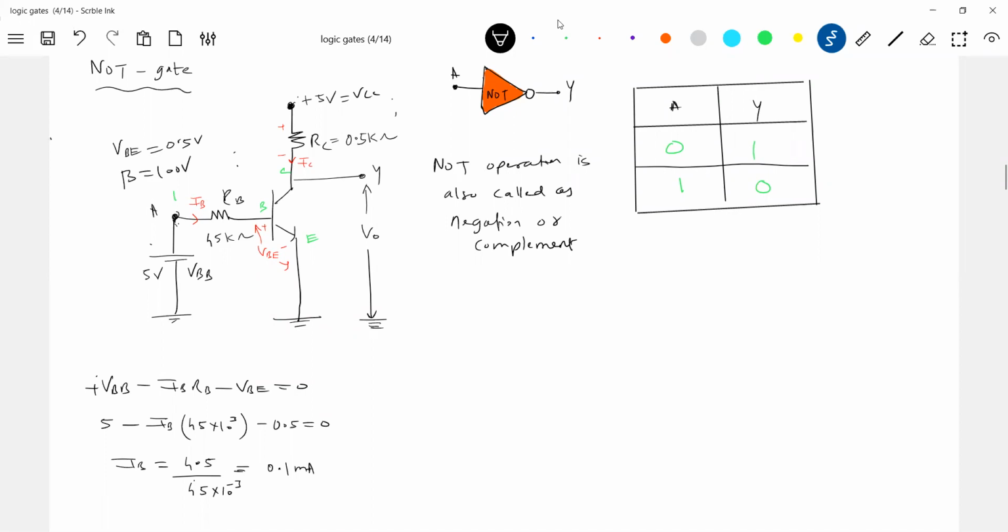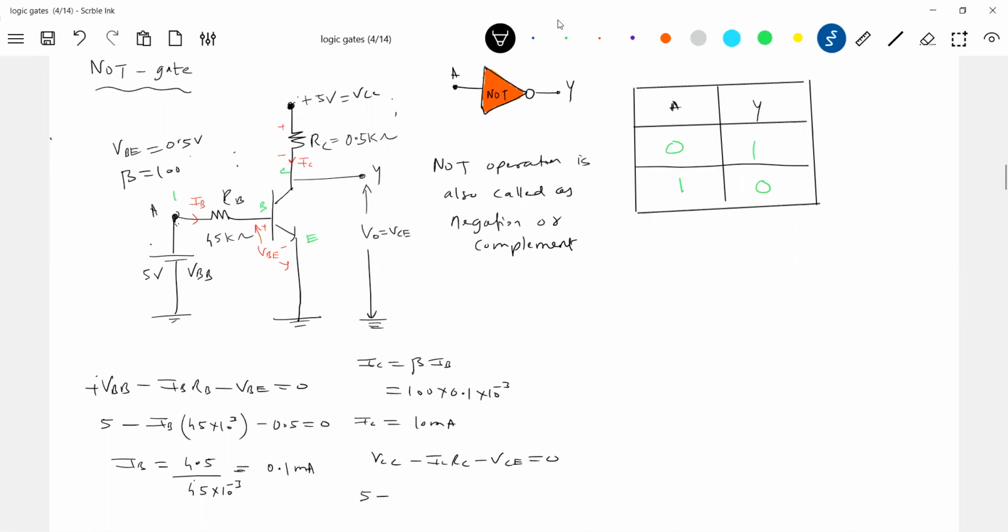He has given beta. We know IC is equal to beta times IB: 100 into 0.1 into 10 to the power of minus 3. This will be 10 milliampere. Let's calculate V naught. V naught and VC are both the same. Am I right? Okay, let's write the loop equation: VCC minus IC RC minus VC equal to 0.